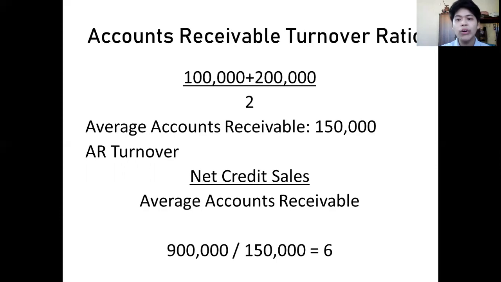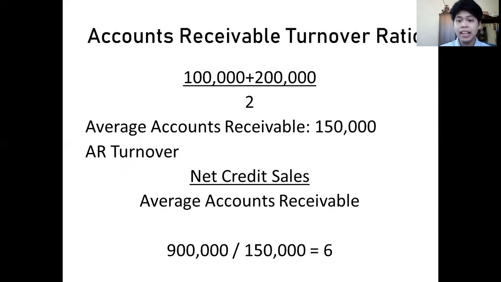And because we already found the average accounts receivable, we can solve for accounts receivable turnover. Net credit sales divided by average accounts receivable. So 900,000, kasi ito yung credit sales, divided by 150,000. So the answer here is 6. Our accounts receivable turnover is 6.